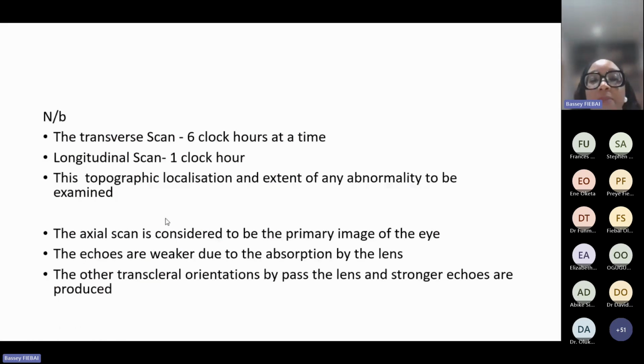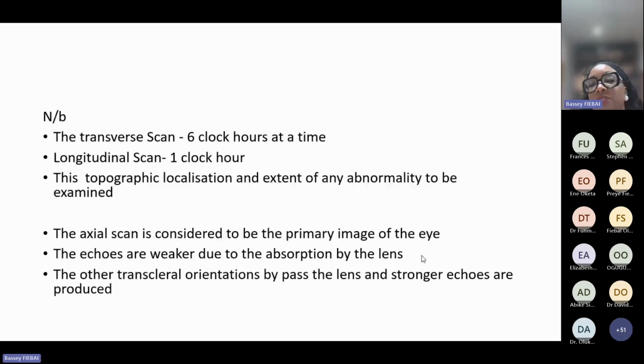The echoes are weaker because of the absorption of the lens. You get stronger echoes when you bypass the lens in the transscleral orientations. So for the transverse and longitudinal scans, you will have stronger echoes because you're bypassing the lens.